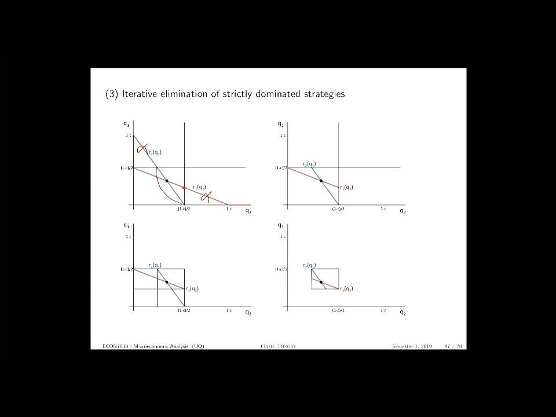Now, you end up with a much smaller set of points. Again, you need to draw two vertical lines, one from the intersection here and the other from the intersection here. Then again, with the same argument, you can show these points are dominated by these points, and these are dominated by these points. Do that again and again, and only one point can remain from this iteration, and that is the Nash equilibrium of the game.